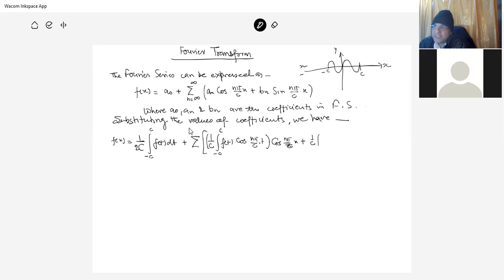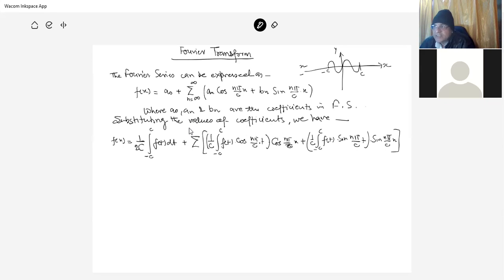Again bn is 1 by c integral minus c to plus c f of t sine(n pi by c t). This is your bn into sine(n pi by c x). This one.